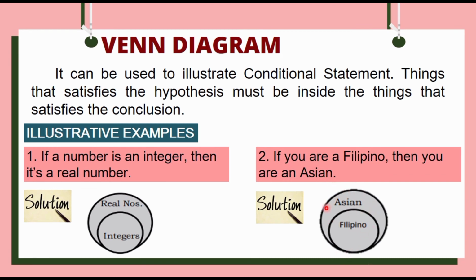That is the Venn diagram for number 2. Ito yung Filipino, and then kabuuan, that is the Asian. Yung ating Filipino dito ay nakapaloob sa ating Asian, kasi ang sabi, if you are a Filipino, then you are an Asian. So that is how to illustrate a conditional statement into a Venn diagram.